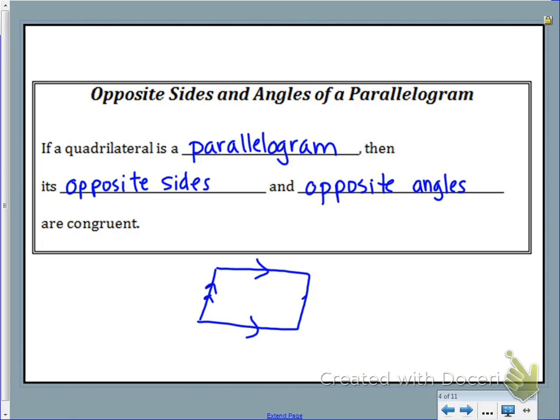But now we're adding to that, if it's a parallelogram, it's also going to have opposite sides being the same measure and opposite angles congruent to one another. So these two angles are congruent, and the angles across here are also going to be congruent to each other. So that's an important element to know about a parallelogram.